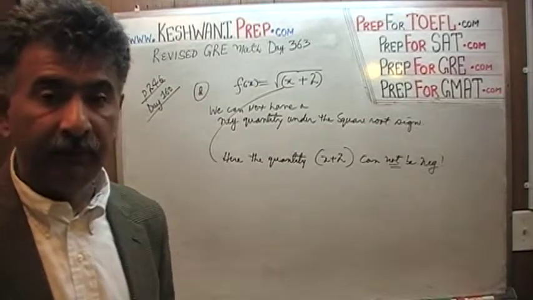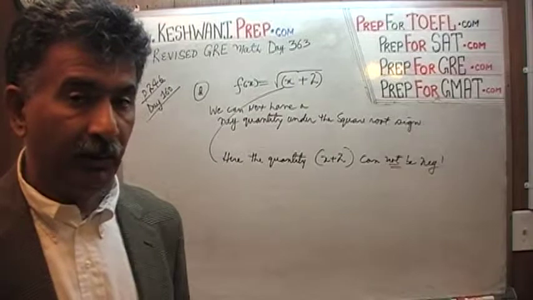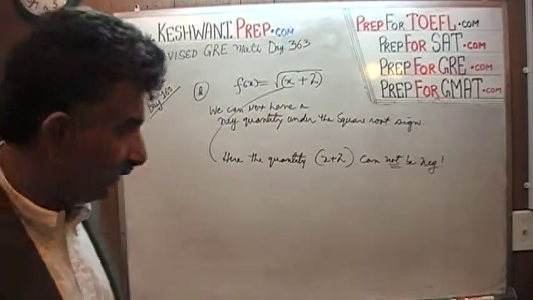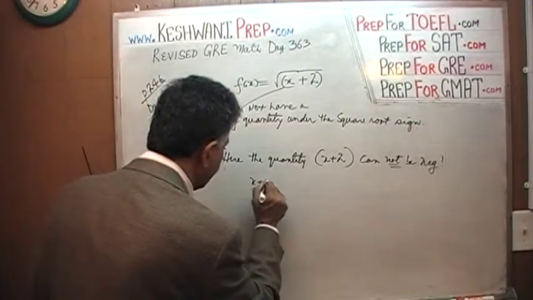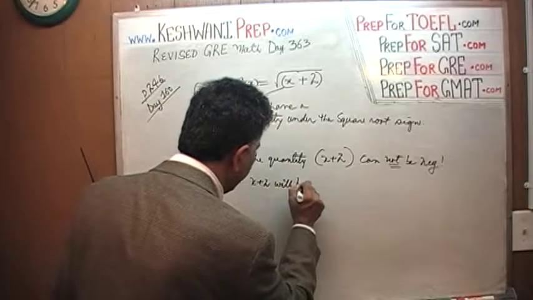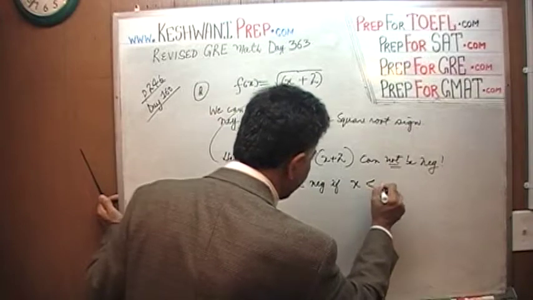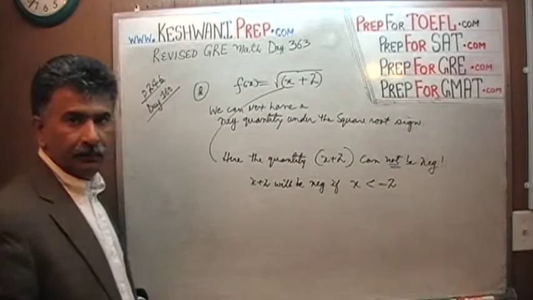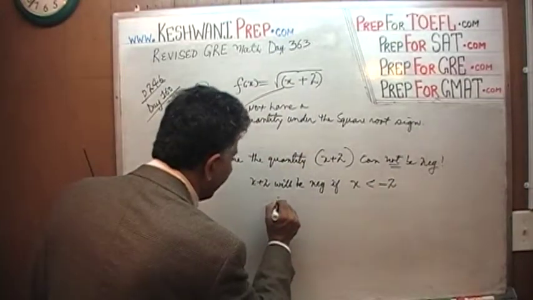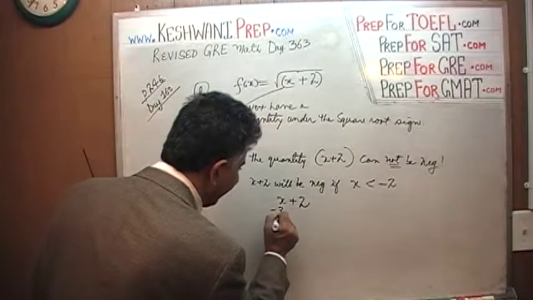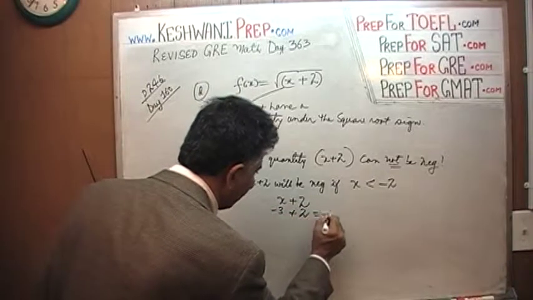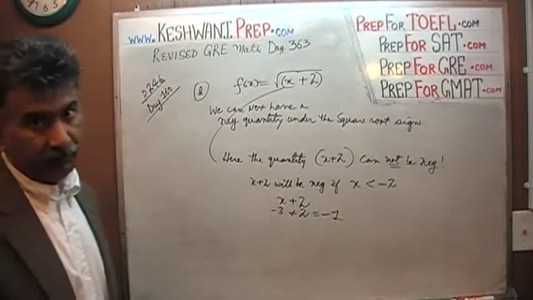Now the next question is, when is x plus 2 going to be a negative quantity? The answer is x plus 2 will be negative if x happens to be less than negative 2. In other words, if x is negative 3, plus positive 2 will become negative. x cannot be less than negative 2.